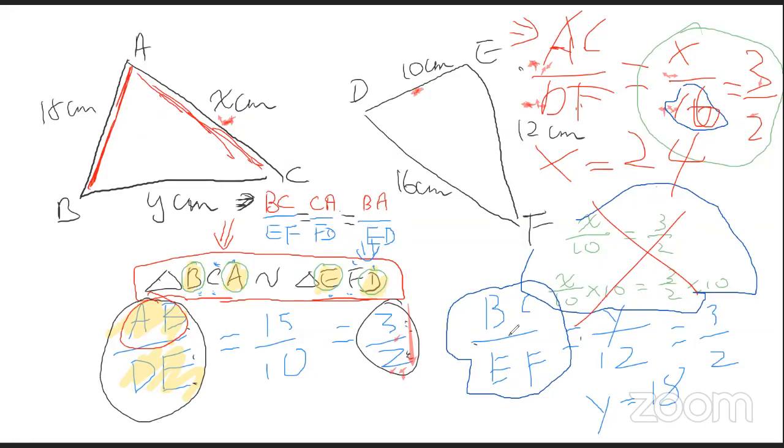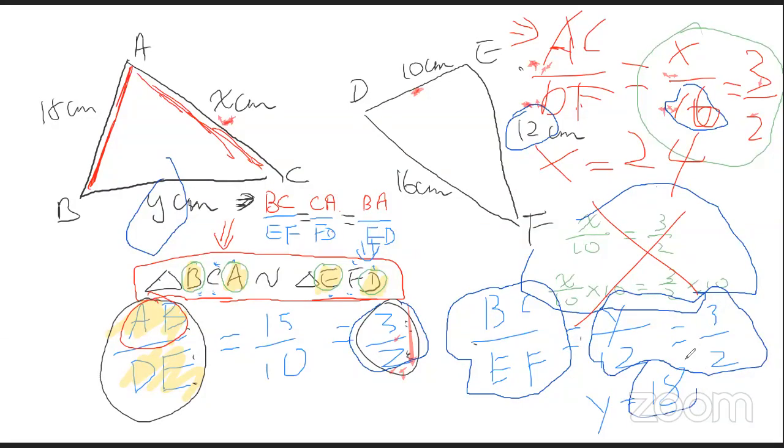Therefore, we have BC divided by EF, which is Y divided by 12, should have the same value, 3/2. When we solve this equation, we get Y equals 18.